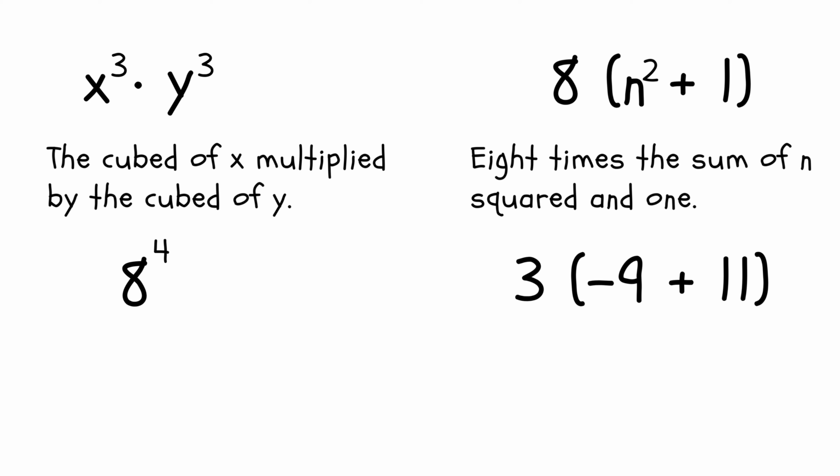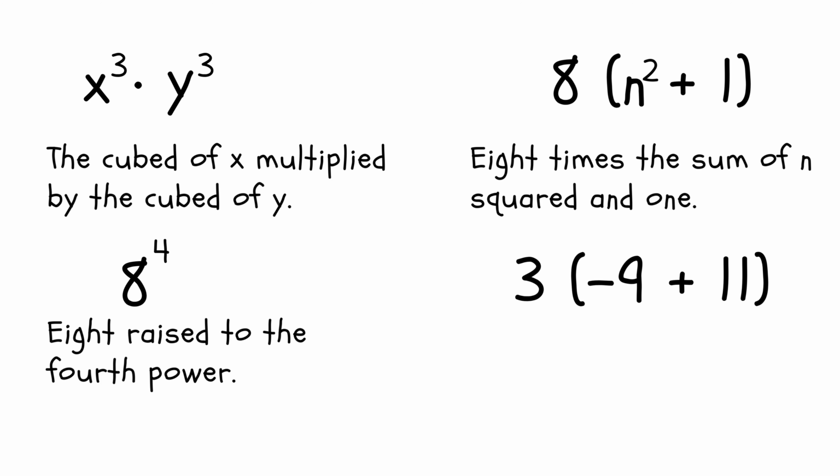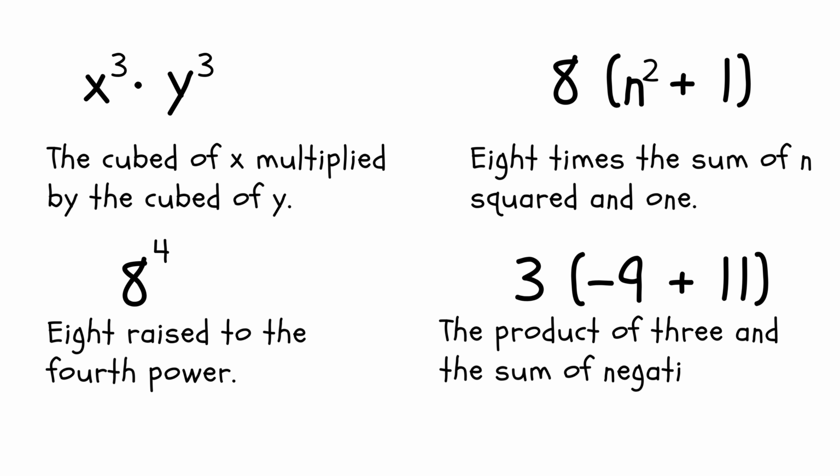For 8 to the 4th power, we would write it as 8 raised to the 4th power. Finally, for 3 times negative 9 plus 11, we can say the product of 3 and the sum of negative 9 and 11.